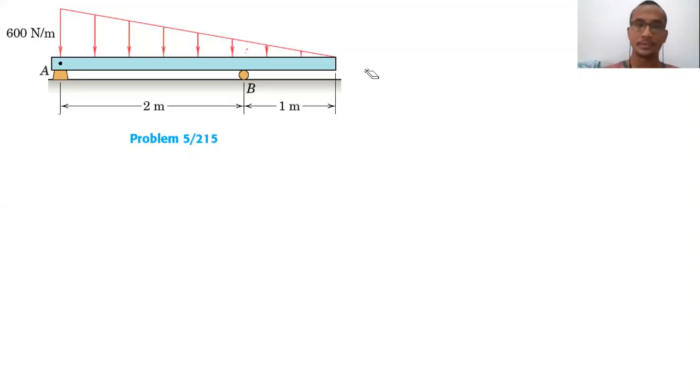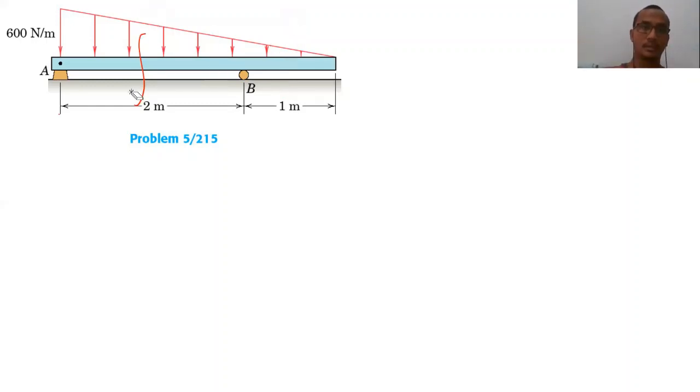So we have to divide it into two because there is a discontinuity at B. The next thing we're supposed to do is to do two cuts. The first cut is here. The second cut is here.